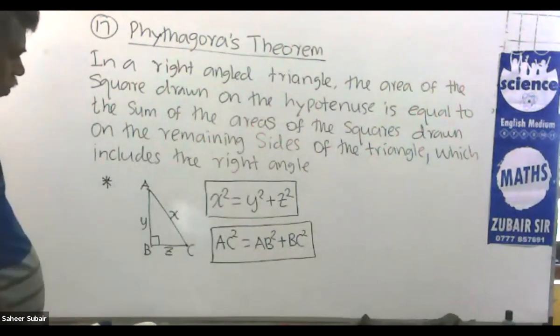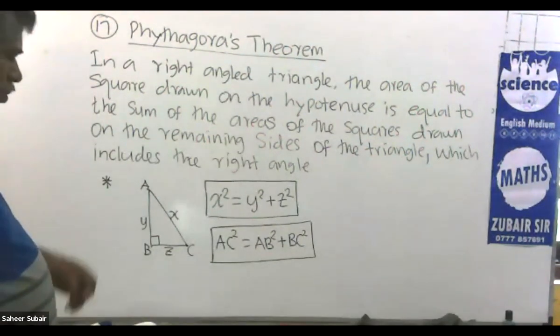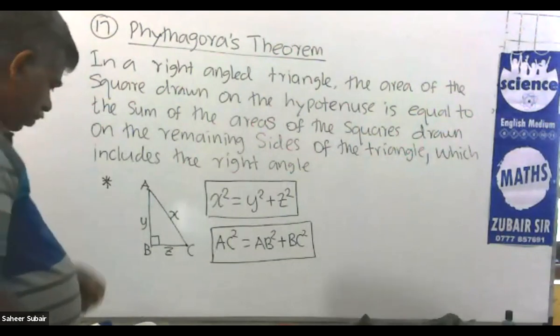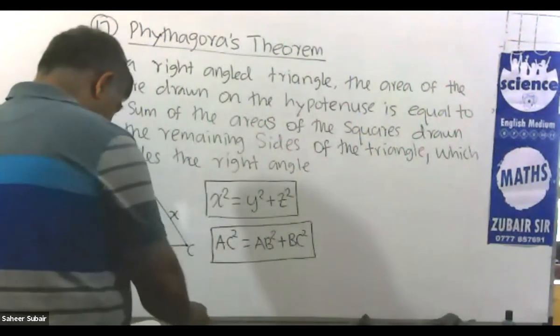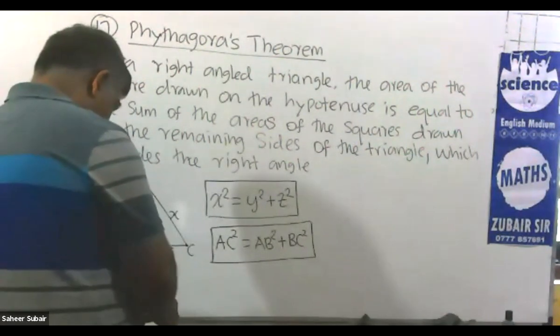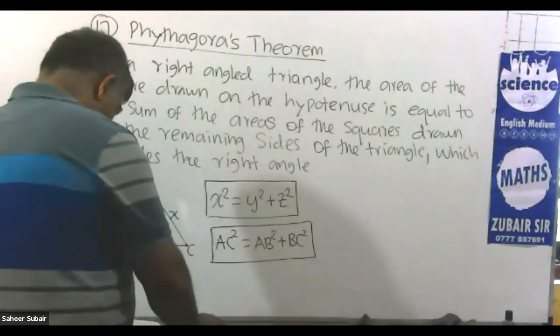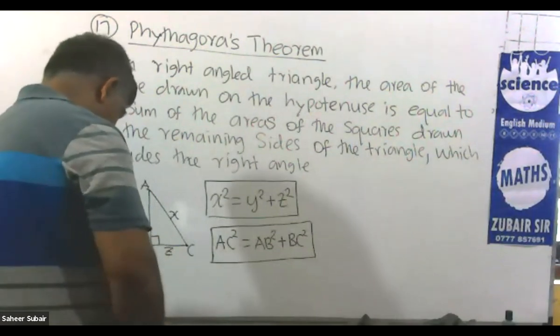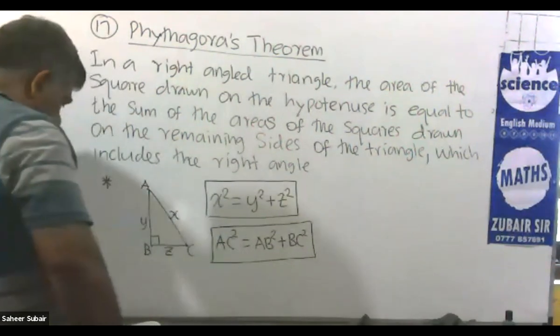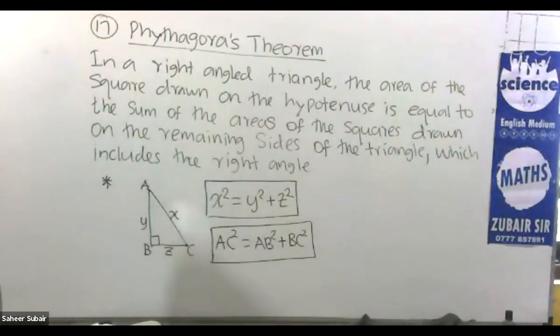So copy down this. So we can get the Pythagoras relation by using English capital letters.